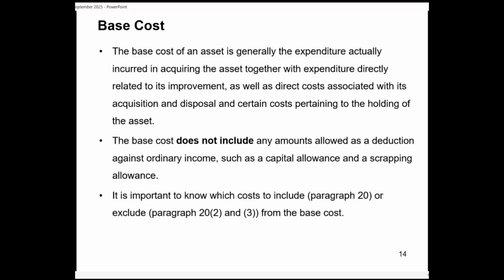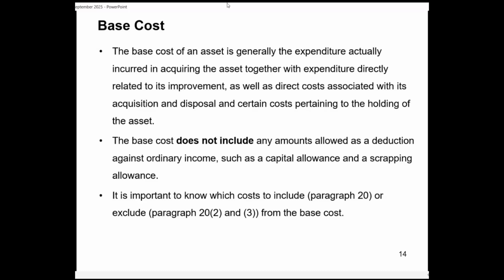Remember again, at the third year level, you need to know how to calculate the base cost. In some instances, you won't be given the base cost, you will be given the costs that are associated with the base cost. So you need to know how to determine the base cost and how to calculate it.